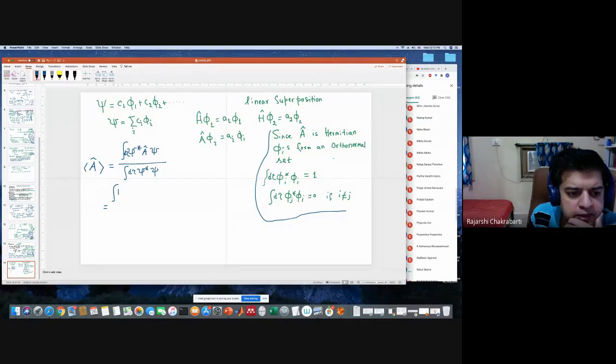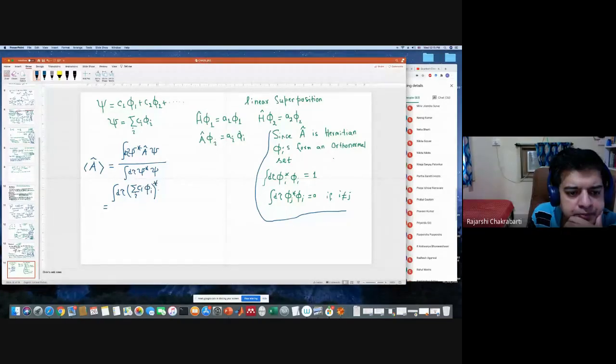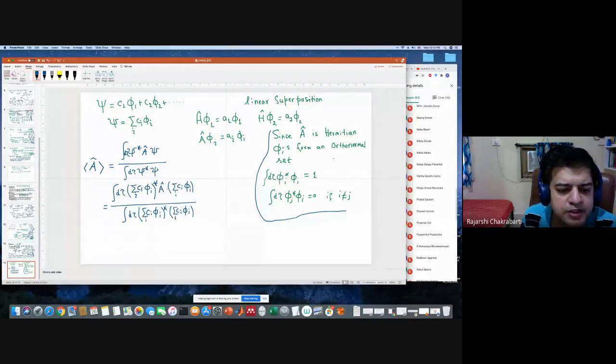Let me do the math first. The first one is this operating on A, and then in the denominator you also have something like this. Now these i are dummy variables, so let me do the denominator first.